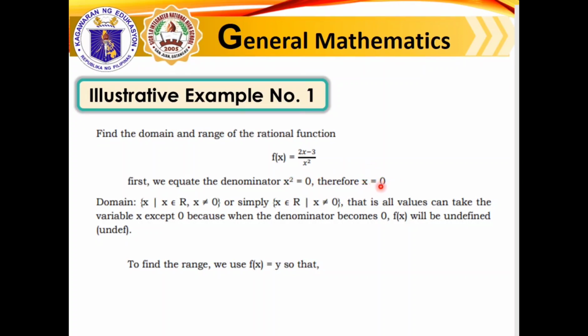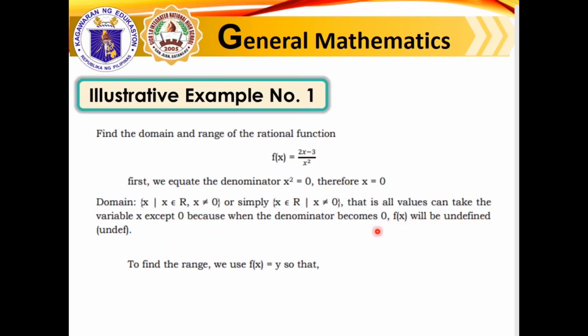So meaning to say the domain is that x such that x are all elements of real numbers wherein x is not equal to 0. So that is all values the variable x can take except 0, because when the denominator becomes 0, the function of x will be undefined.